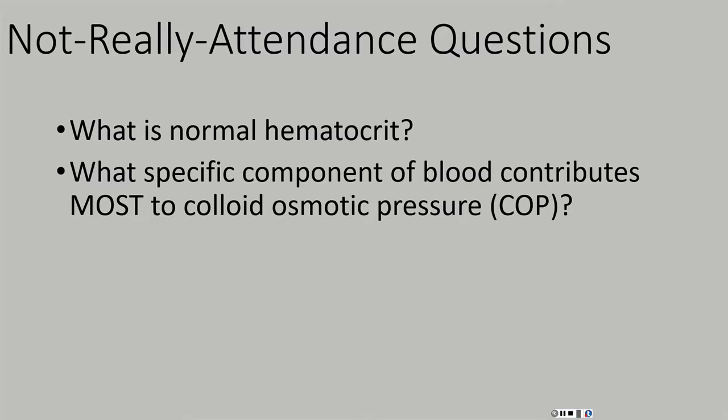Okay, so hopefully you've tried to answer these on your own, but let's see what the correct answers are. First, what is normal hematocrit? Well, let's actually go a little before that and first ask, what is hematocrit? We have to know what that word means before we can talk about what the normal hematocrit is. And hematocrit, remember, is the portion of whole blood made up of red blood cells, or erythrocytes, which is what we're going to be talking about today.